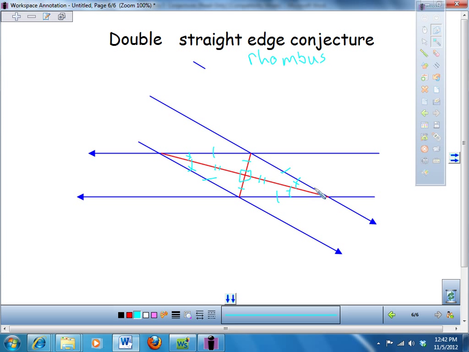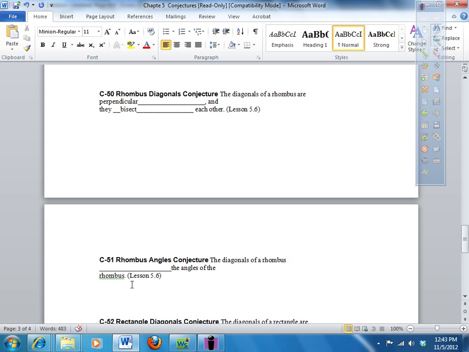And therefore, the diagonals bisect the angles of the rhombus. Now, that's not true for any old parallelogram, right? It's just true for a rhombus. And so in a rhombus, these angles are congruent, these angles are congruent, these angles are congruent, and these angles. Okay, moving on to what's next.